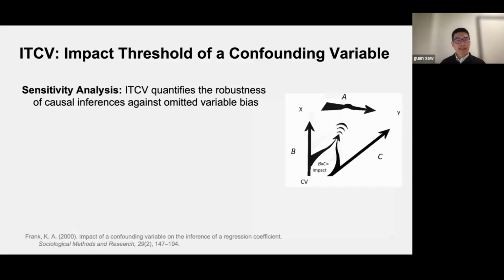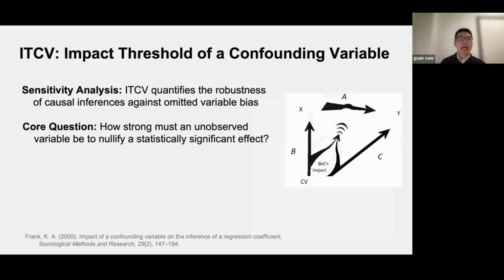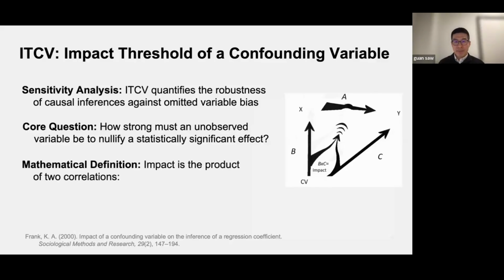As a sensitivity analysis approach, ITCV quantifies the robustness of causal inference against omitted variable bias. The core question that we are trying to answer is how strong must an unobserved variable be to nullify a statistically significant effect? Mathematically, we define the impact as the product of two correlations.